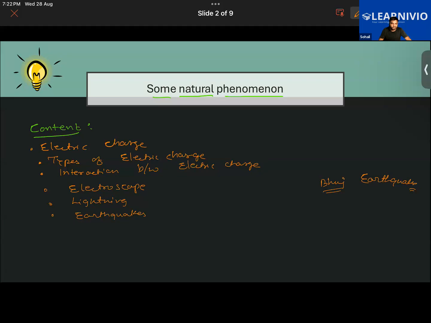Let's start the chapter. So talking about electric charge, we know that even before this, there are a few other things to be discussed. For example, in your previous class, you would have studied the chapter of wind, storm, and cyclone.